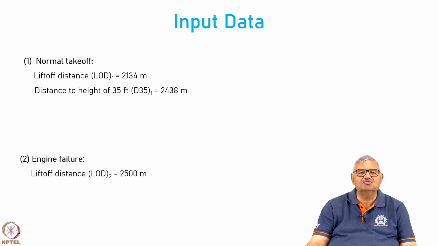Notice it is more than 2134 meters because the aircraft has now suffered one engine failure out of its multiple engines. Therefore, the thrust available is less, and the distance it requires to reach the liftoff speed is more. 2500 is more than 2134.